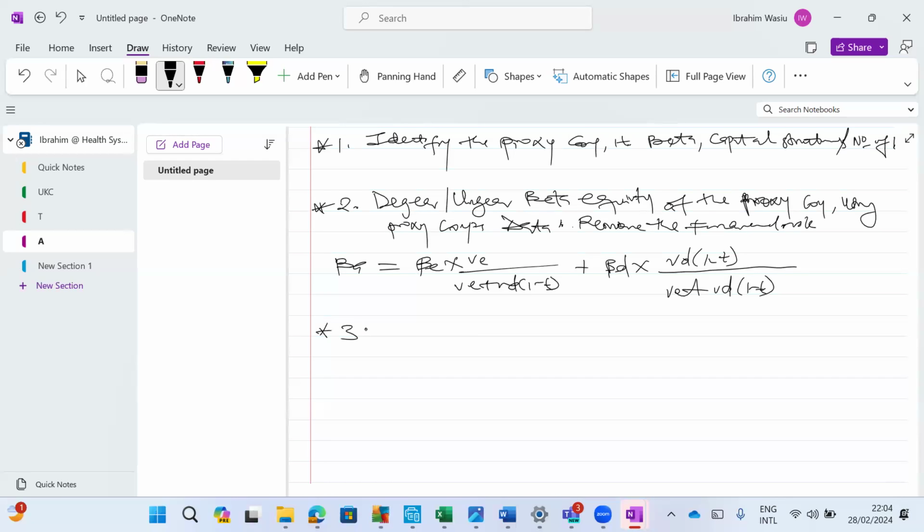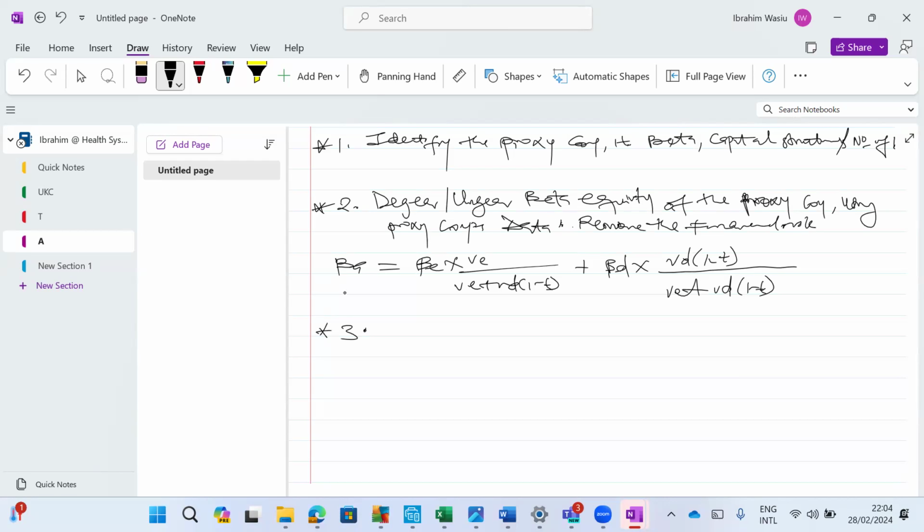So now, what brought about step 3 is this, because later we tell you that it's not necessary you follow these 5 steps. It depends on what you have on ground and what you are looking for. But let's complete the 5 steps first so that you can understand what's going on. Step 3 means we want to now regear. Now, you have the business risk, you have the better assets of the new business.